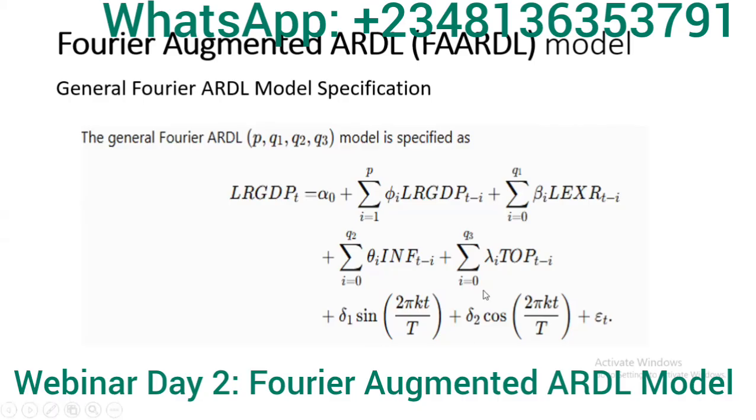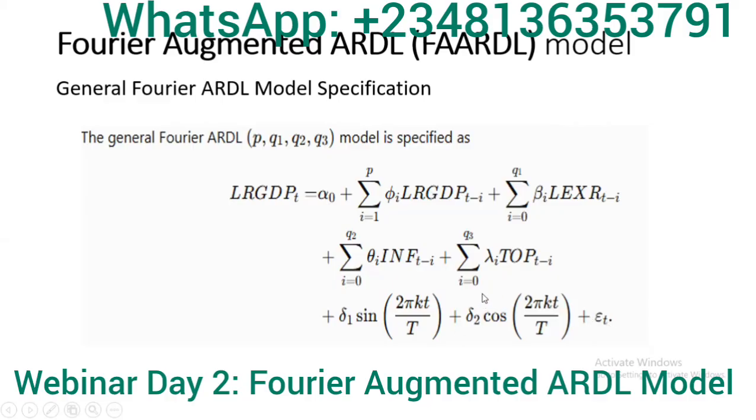But there is the addition of the term delta 1 sine(2 pi kt over T), that is big T, plus delta 2 cos(2 pi kt divided by T), then plus the error term.